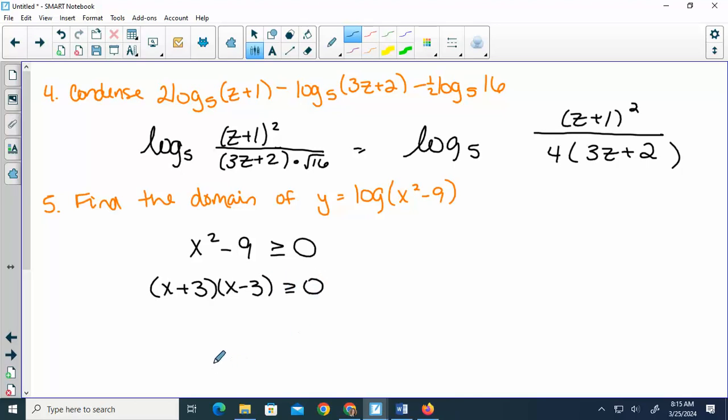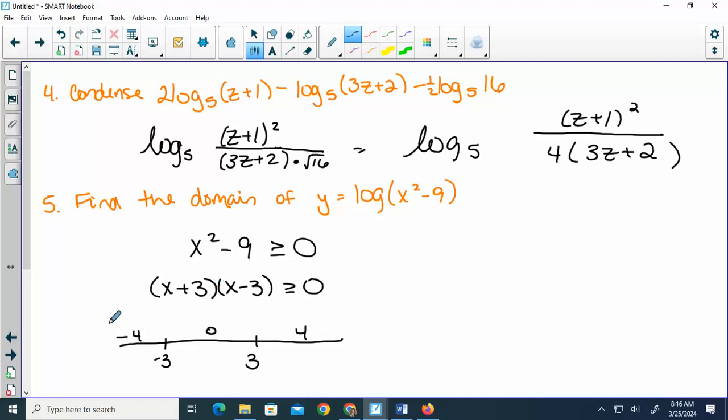How did we figure it out from here? Sign line. So x plus 3 equals 0 is at negative 3, x minus 3 equals 0 is at positive 3. Then we did test points. Smaller than negative 3, in between the 2, and bigger than 3.